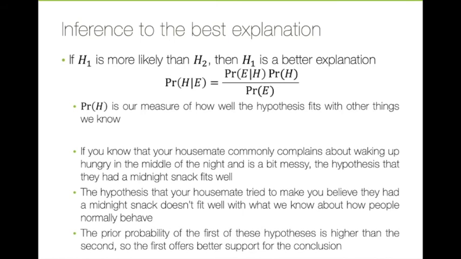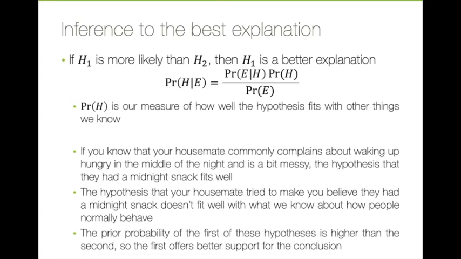As with the probability of E given H, since the probability of H appears in the denominator, the higher its value is, the higher the probability of H given E, so the more likely it is that our hypothesis best explains the evidence. Let's consider again what this one means in the context of our midnight snack example.